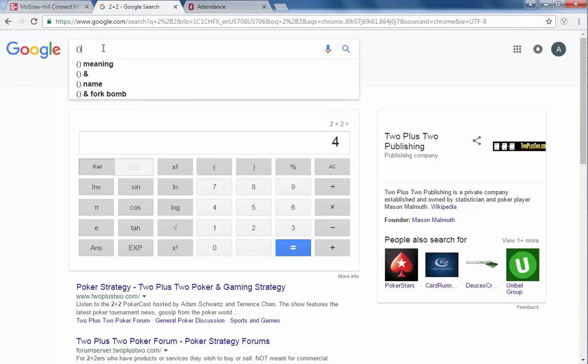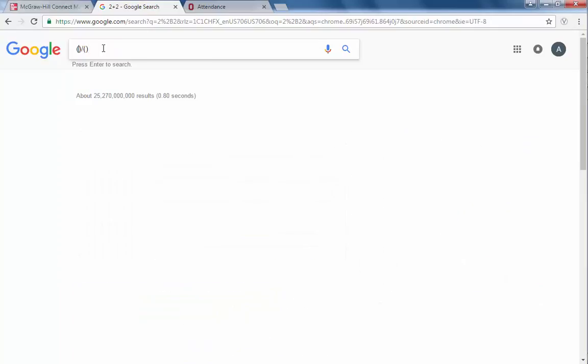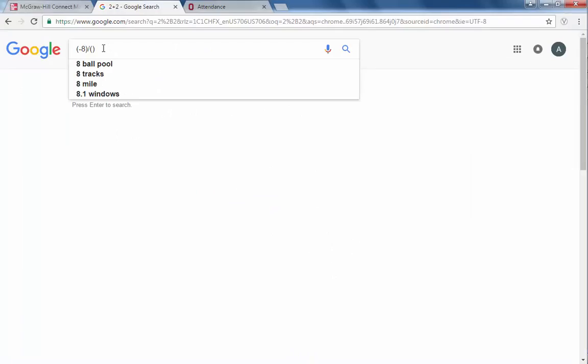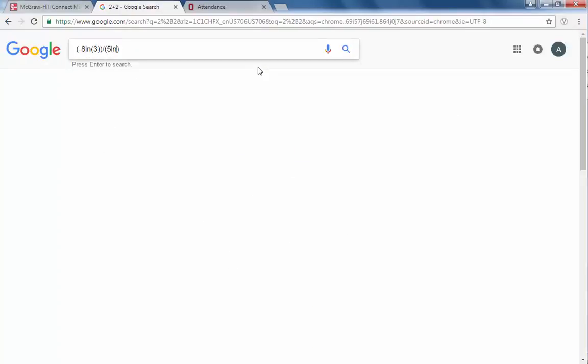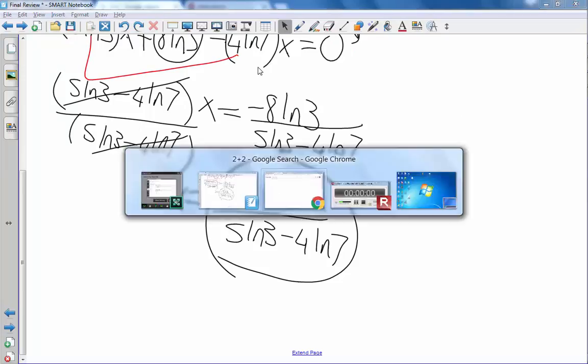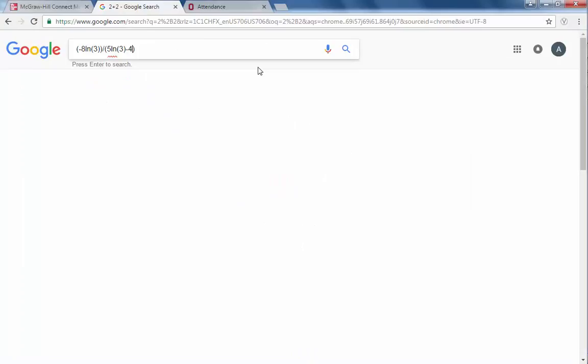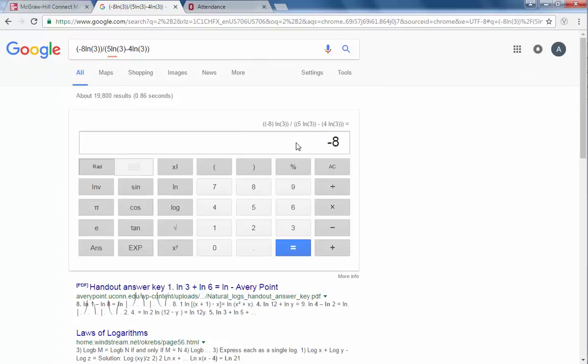Alright, first set up your fraction. The top was minus 8 ln 3. The bottom was 5 ln 3 minus 4 ln 7.